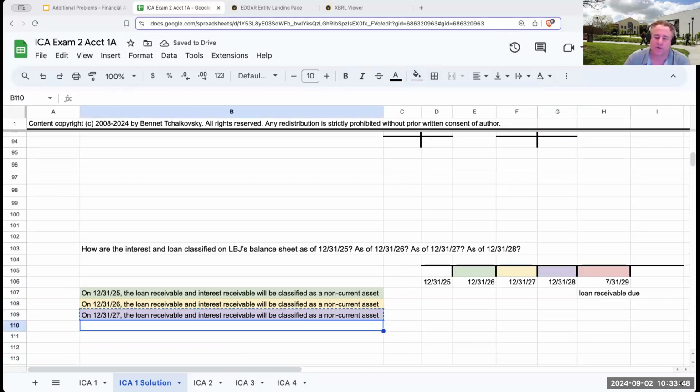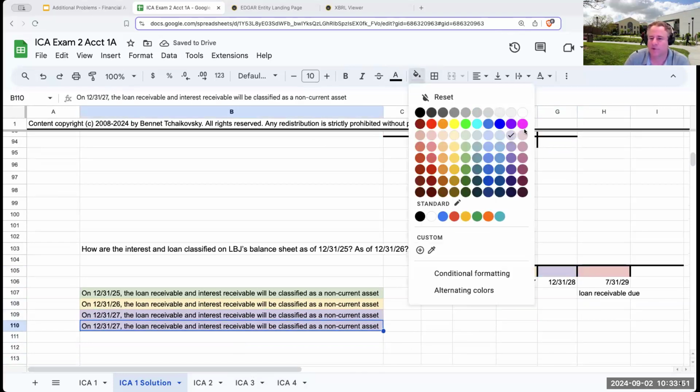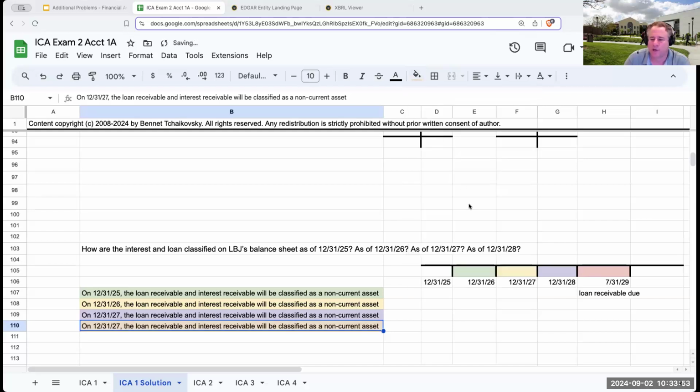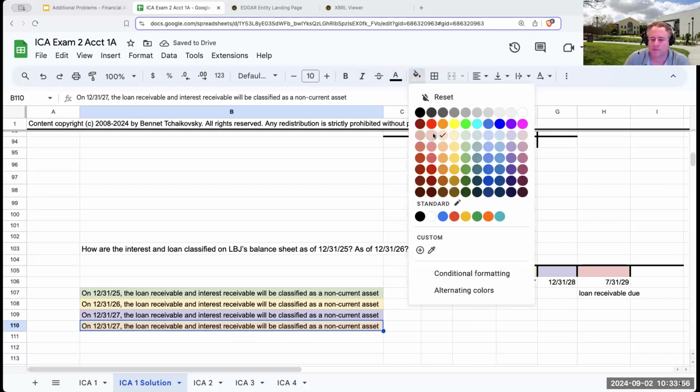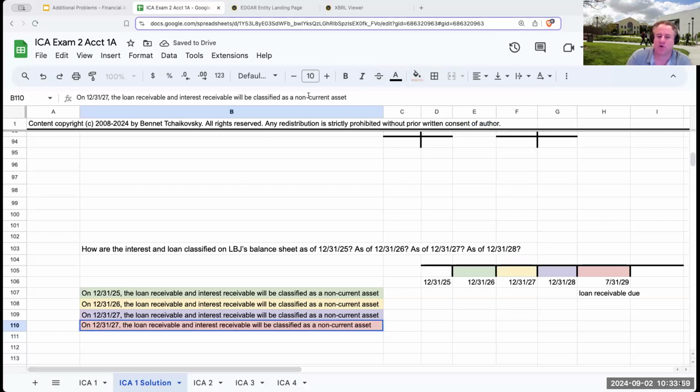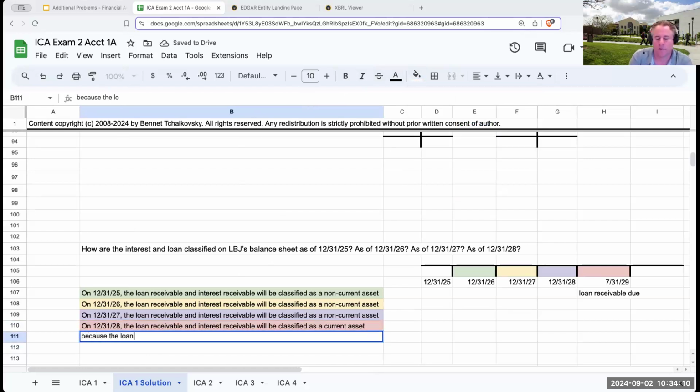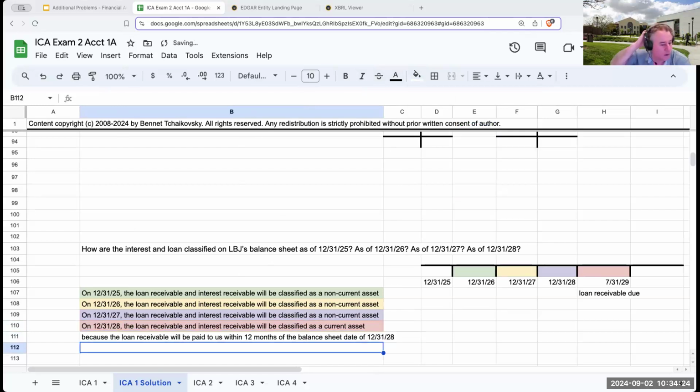The loan receivable on 12/31/28 will be classified as a current asset because the loan receivable will be paid to us within 12 months of the balance sheet date of 12/31/28. So that's how we would answer that question.